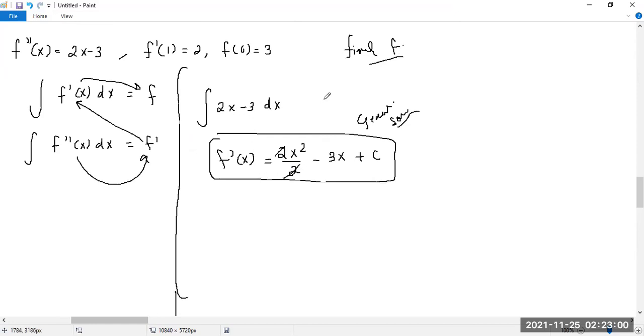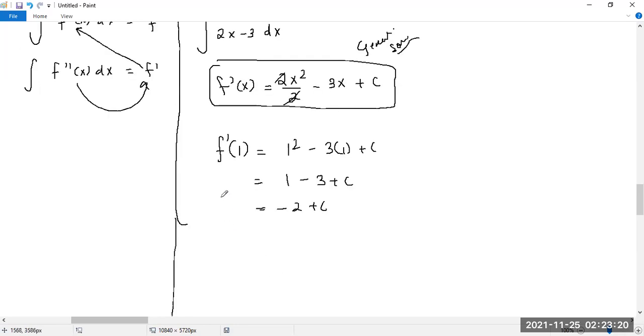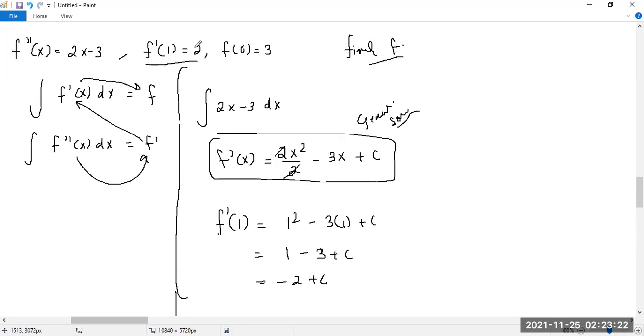So what I will do is, it tells me that if I put 1 into f prime, I will get 2. So let me go ahead and try putting 1 here. I'll get 1 squared minus 3 times 1 plus c, which is 1 minus 3 plus c, which is negative 2 plus c. f prime of 1, they're saying, is 2.